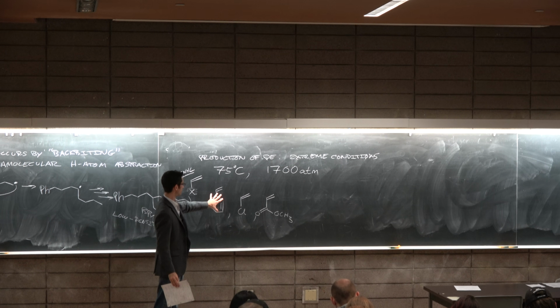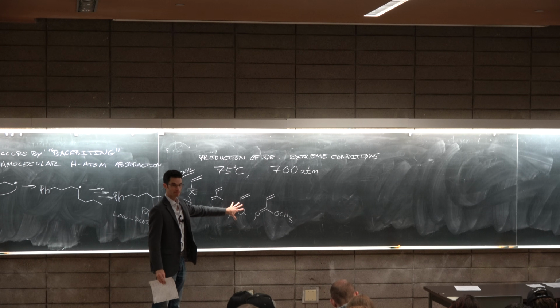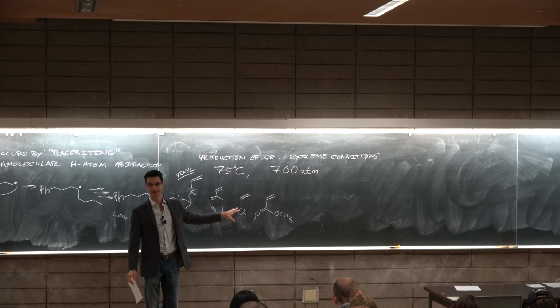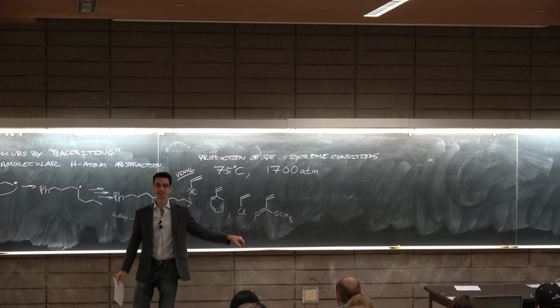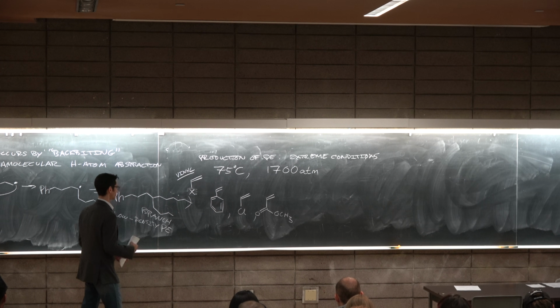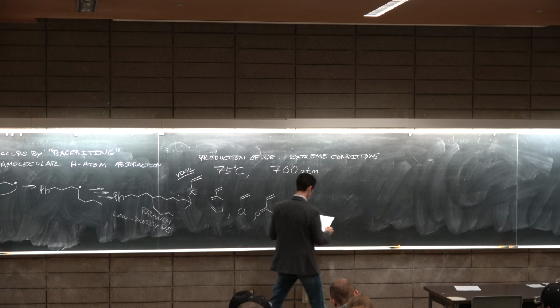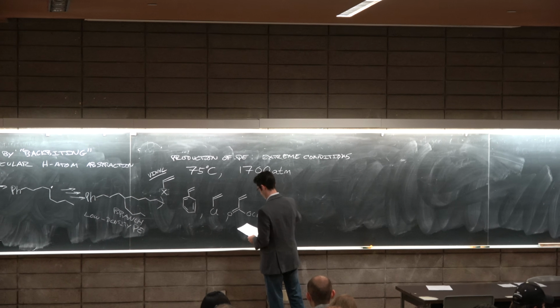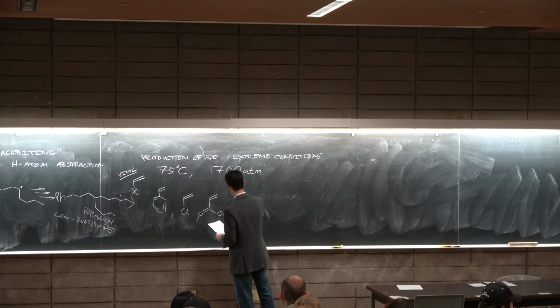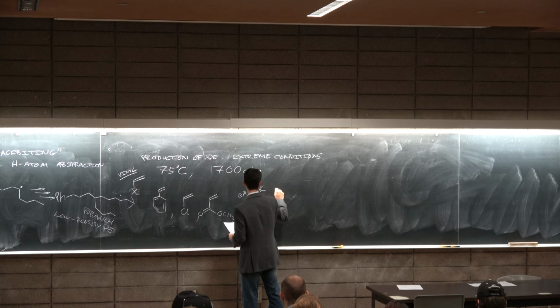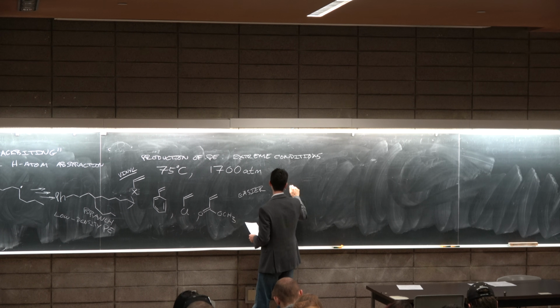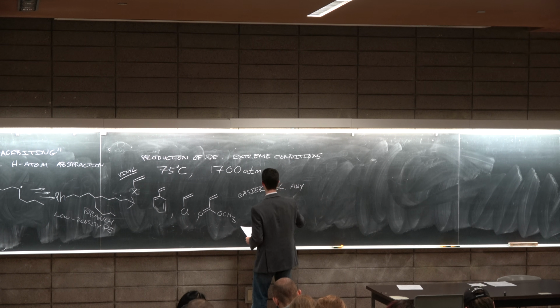So anything with a substituent is faster than polyethylene, because the monomer is more reactive than polyethylene. It's easier because any substituent stabilizes the radical.